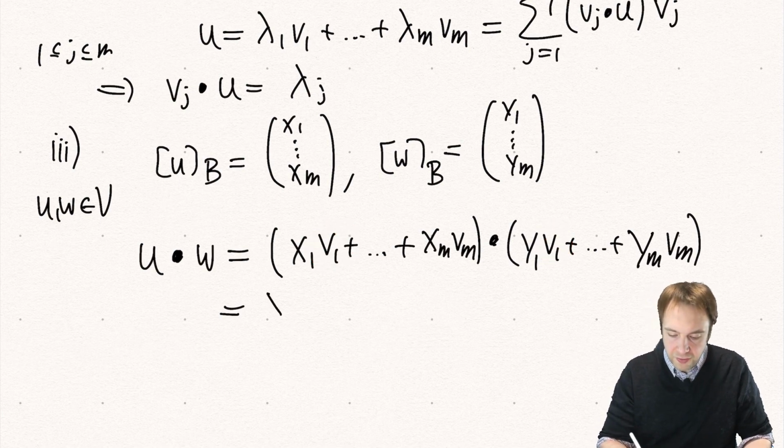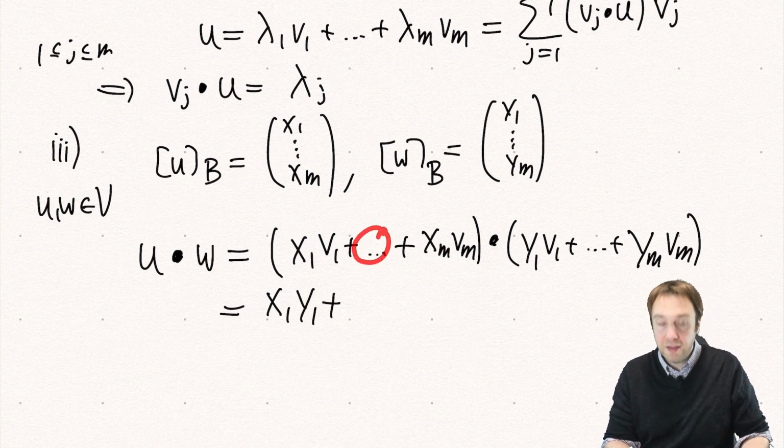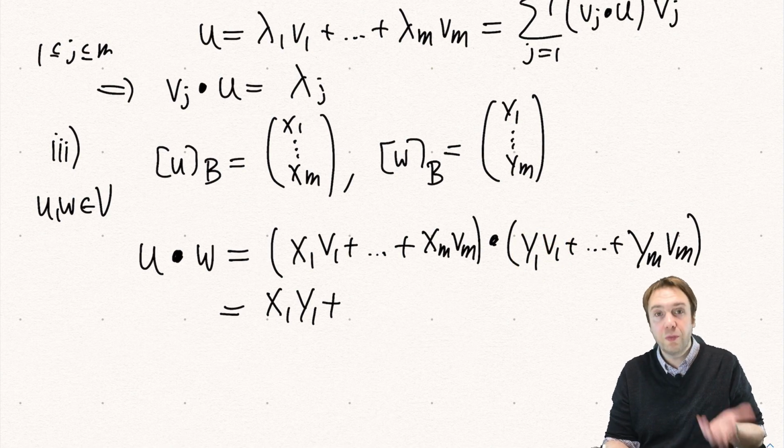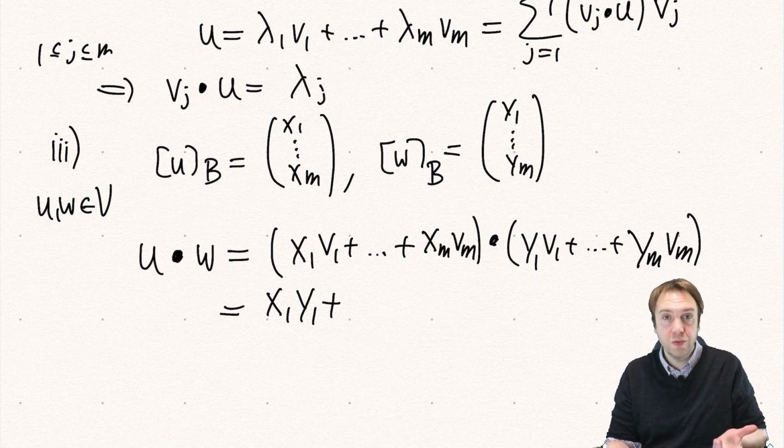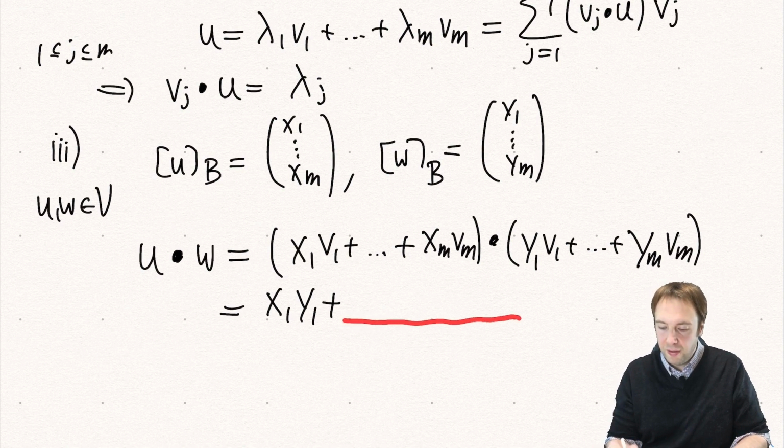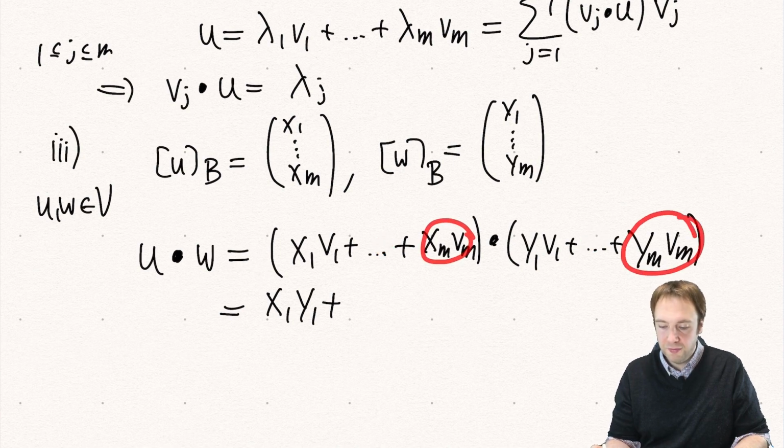So the first term here is x1 y1 plus, and if I take x2 v2 dot product with y1 v1, then because the dot product of v1 and v2 is 0, we don't get a term here. So the only terms appearing are those when I multiply the second term with the second term, the third term with the third term, and so on up to the last term.